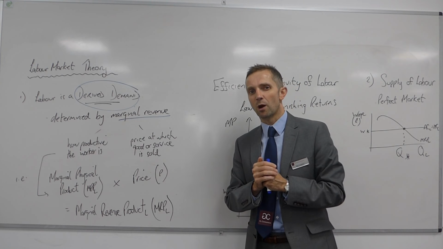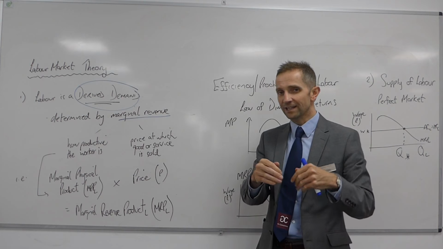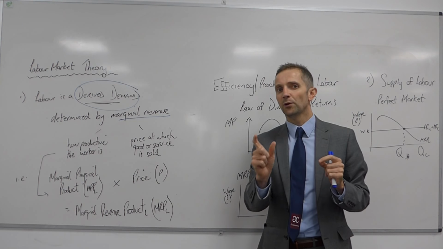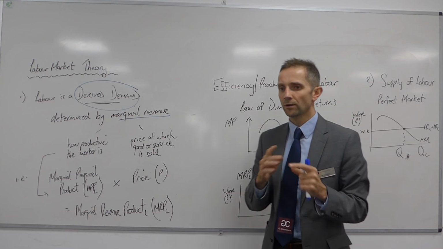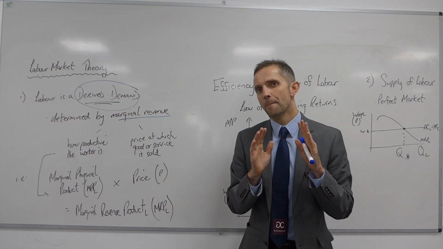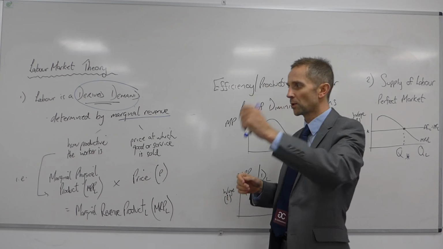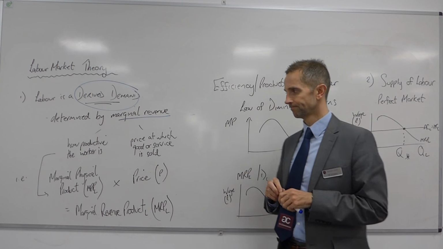Remembering the definition of marginal revenue, which is the change in total revenue, or the addition to total revenue from, in this instance, employing one additional worker. Well, what determines how much extra revenue a worker can contribute to your firm or organisation? Well, we consider two things.